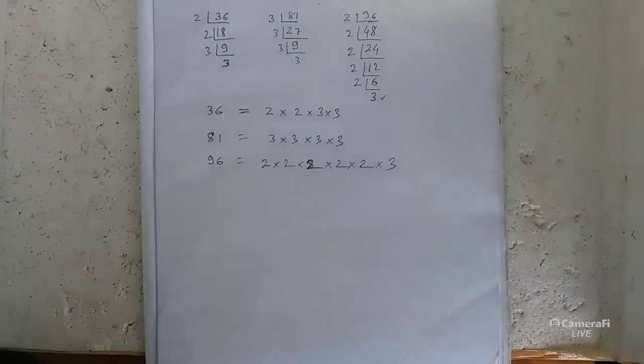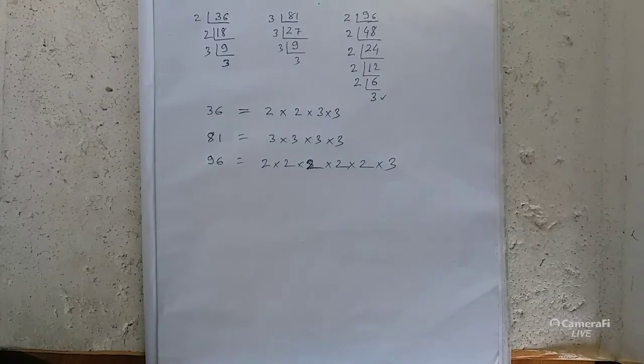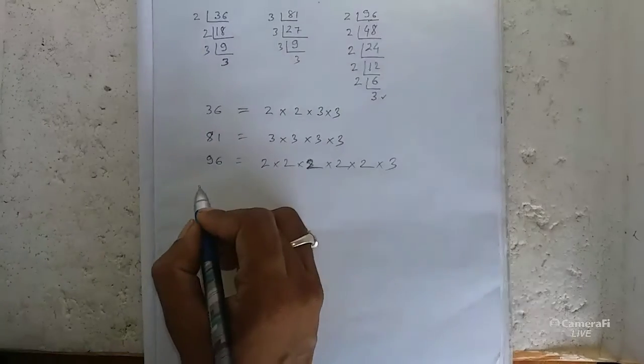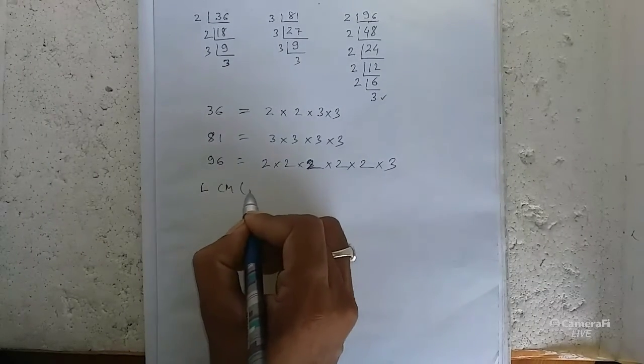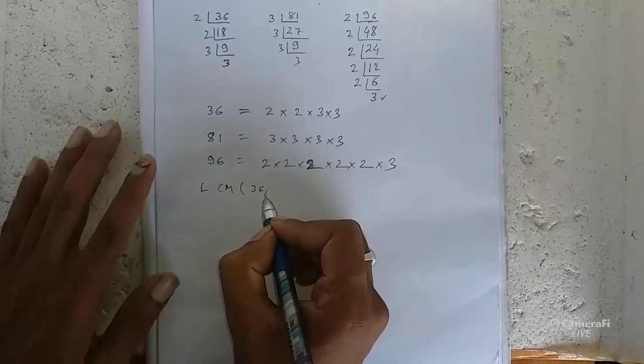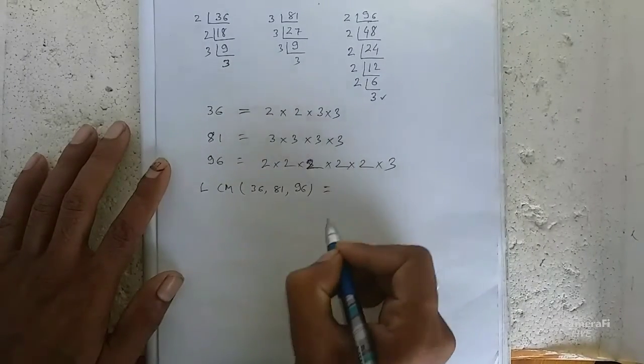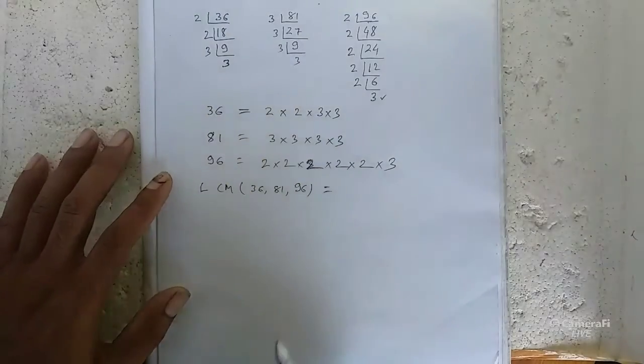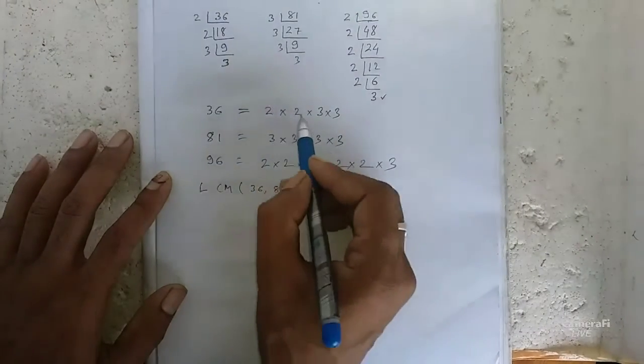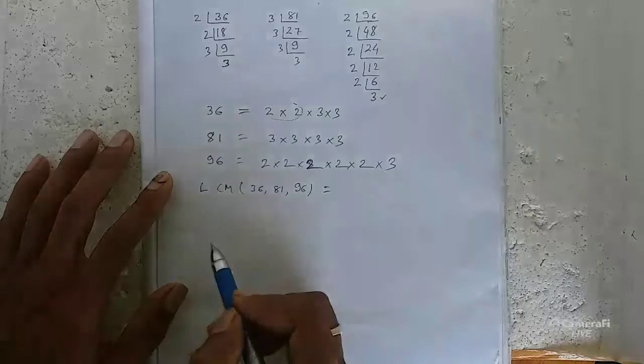Now check what the prime factors are here. Only 2 and 3 are the prime factors among these 36, 81 and 96. Now we have to write the LCM of 36, 81 and 96. First we will go for the prime factor 2. How many 2s are there? Only 2 2s are there in 36.